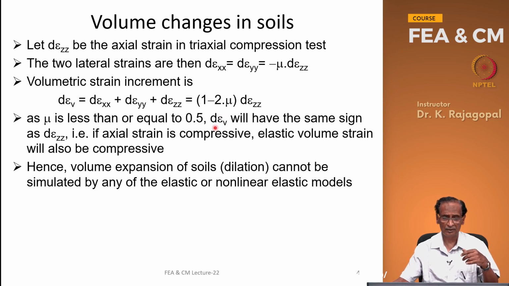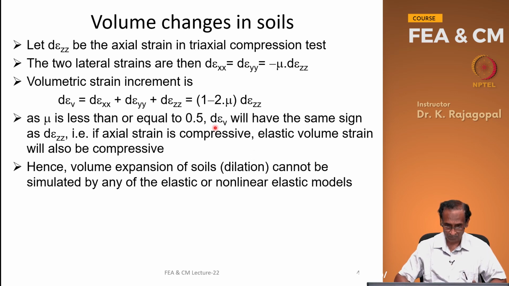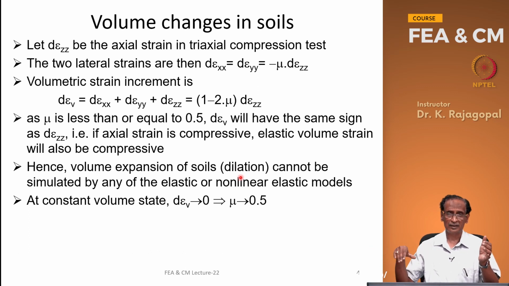our Poisson's ratio will not allow us. 1 minus 2 mu d epsilon z is our volume strain, and at a very large strain at constant volume state, when d epsilon v tends to 0, this should tend to 0, and we see that the mu should tend towards 0.5 to keep the volume constant.